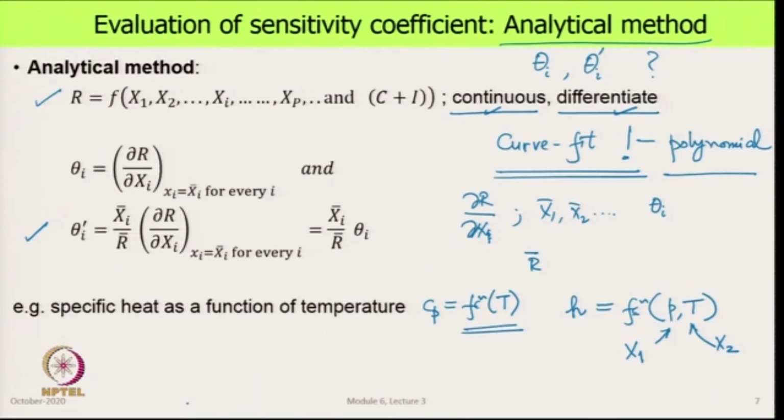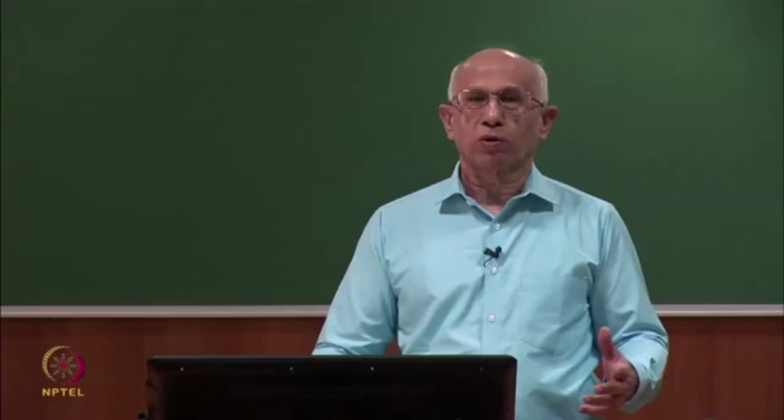So, quite clearly, while for a one parameter result all we have is dr by dx or dx1, it is a fairly straightforward simple operation. The moment there are two parameters, you have to evaluate two partial differentials. If there are three, it becomes three partial differentials. There could be a result formula with 4, 5, 6 functions.